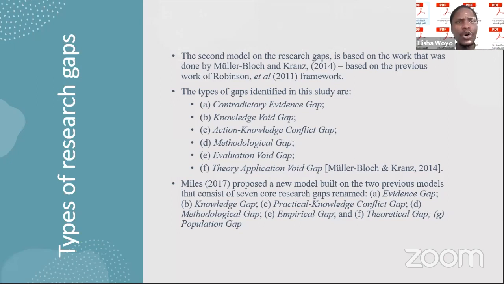And more recently, Miles 2017 proposed a new model built around the 2 previous models, talking about these kind of gaps. So we want to focus our discussion on these gaps that we are talking about.